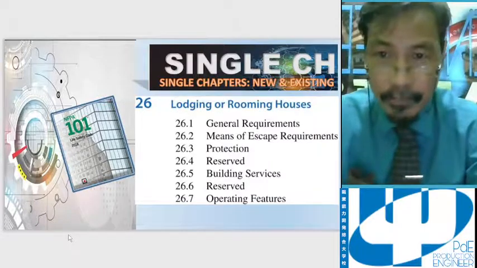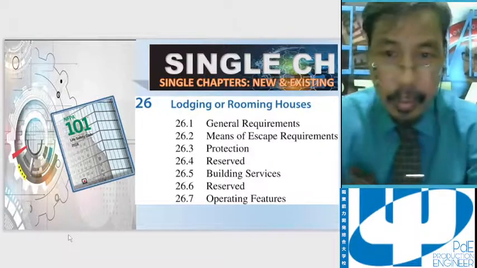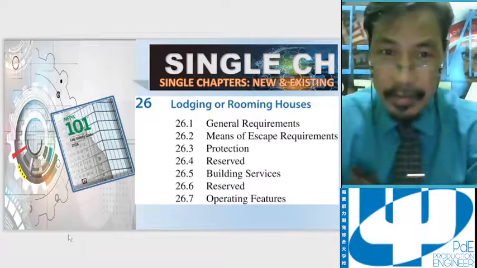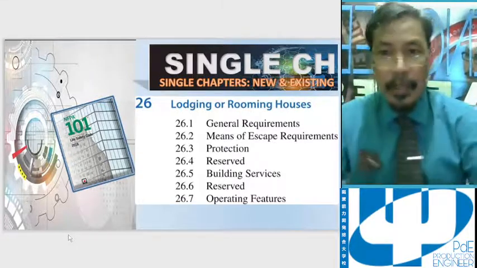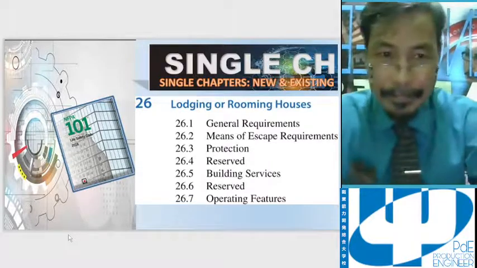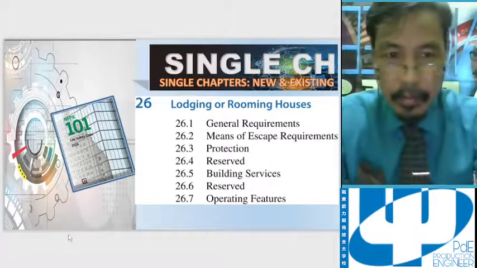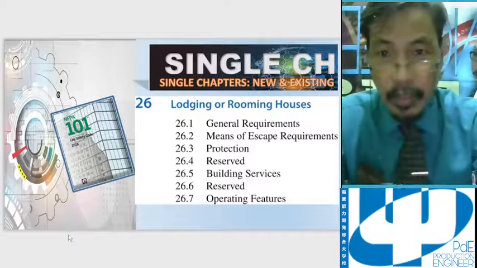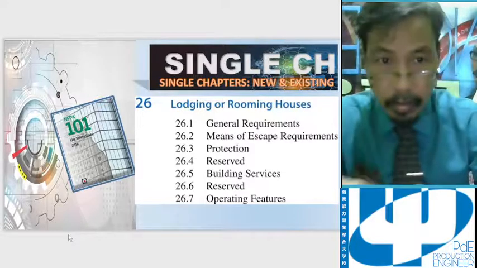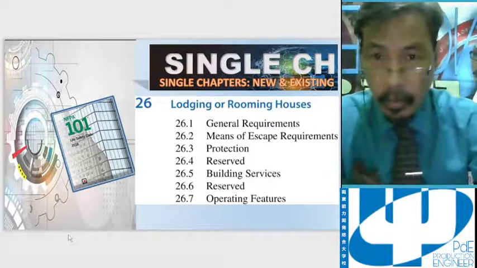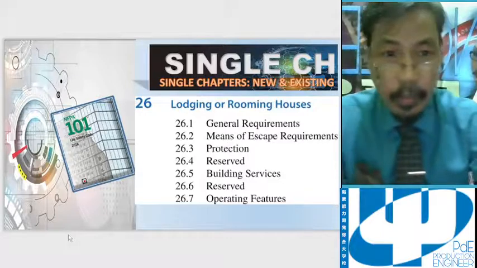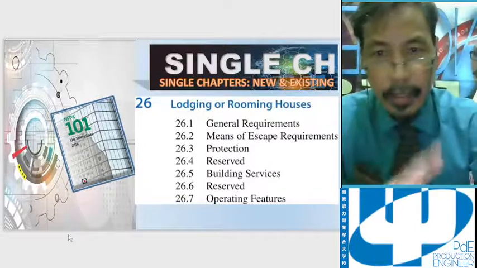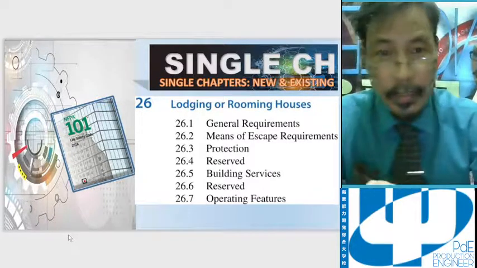Section 5 is building services, but we have reserved section 6, and we have section 7, operating features, unlike the dwelling units. So the only difference here is section 4, which is supposed to be special provision, but it's still reserved. Maybe in the future they will have that special provision. So almost the normal type of chapter section numbering.